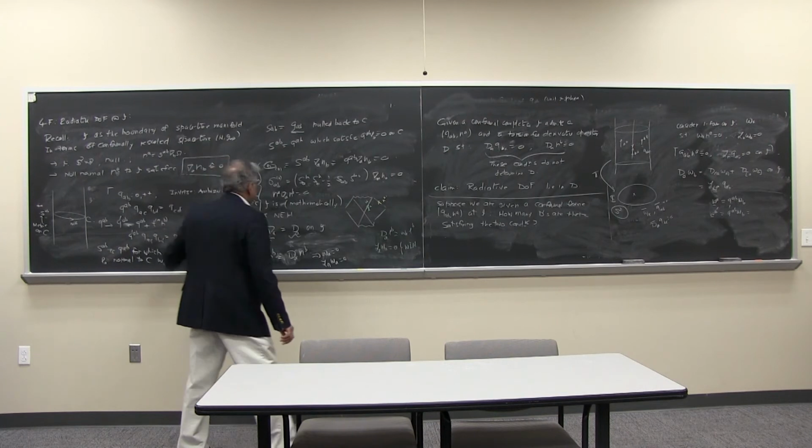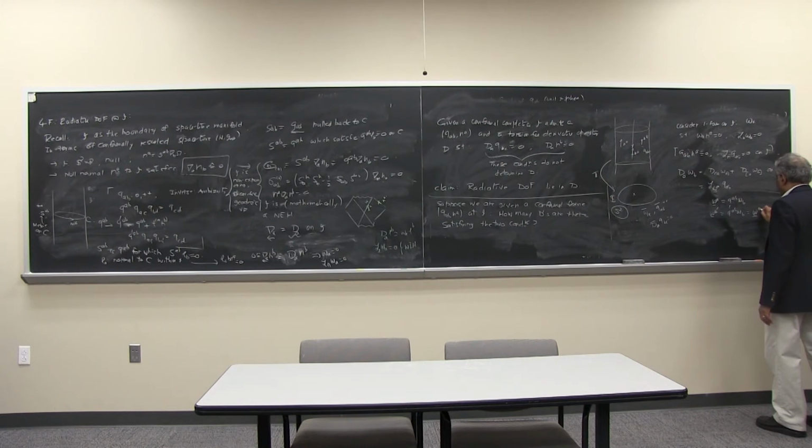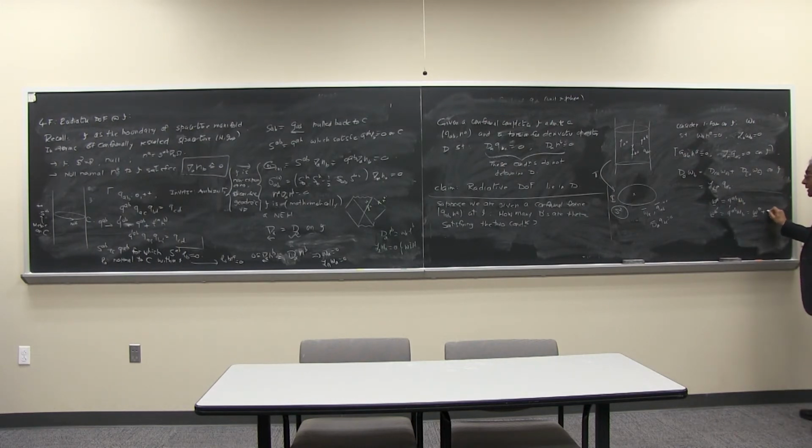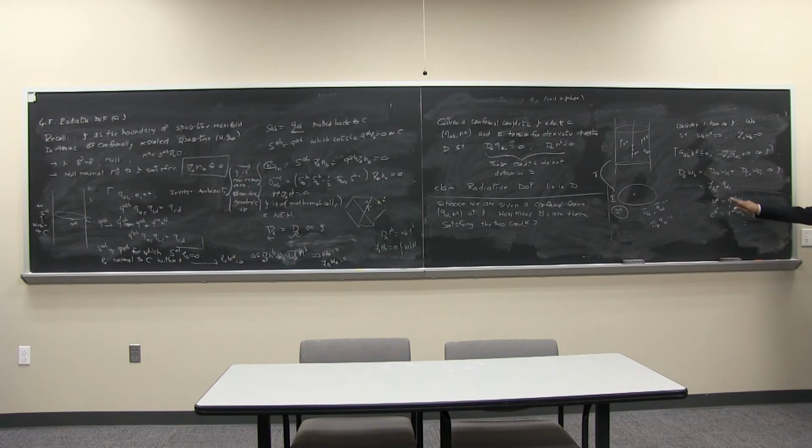I can always add to QAB a TA and B. So this object will be equal to omega A QAB plus TA and B times omega B. Because there's an ambiguity here, and this T is an ambiguity. So I'm saying that I can do this, but is this operation well defined? Well, to raise the index, I have a QAB, and now what I have to show is that no matter which QAB I use, this quantity will be equal to this quantity. That's what I have to show.